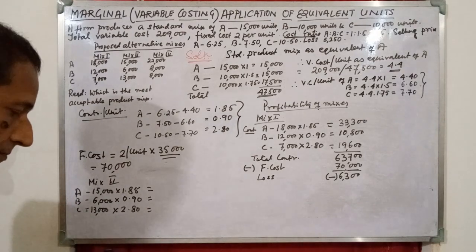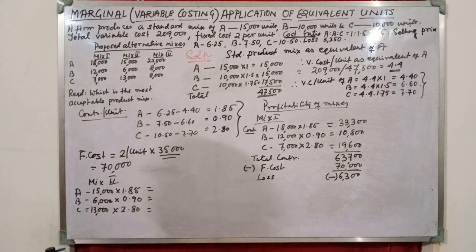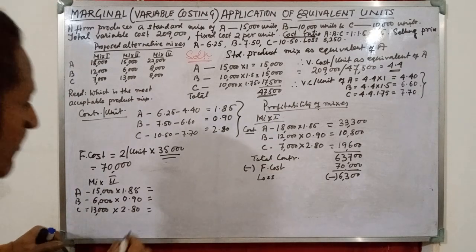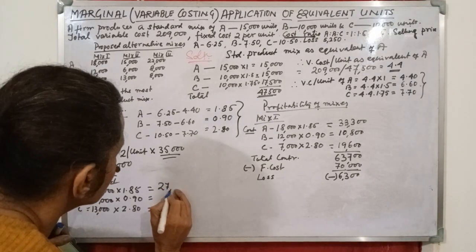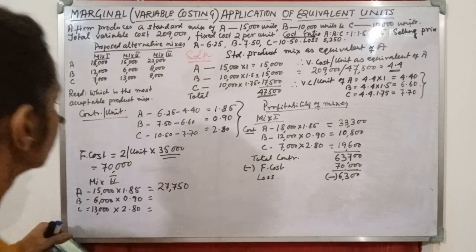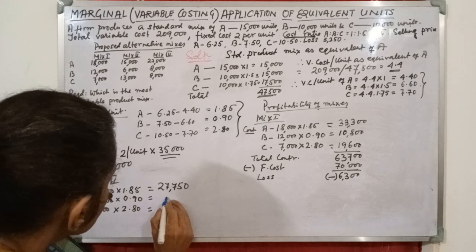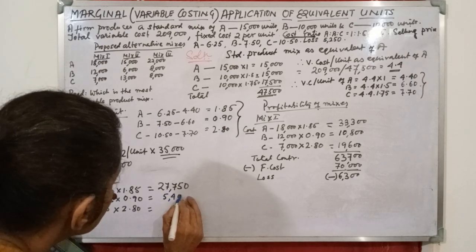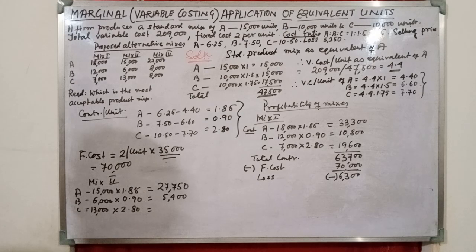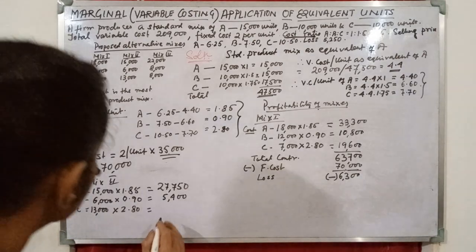So 15,000 into 1.85, we get 27,750. 6,000 into 0.90, we get 5,400, and 13,000 into 2.8, we get 36,400.